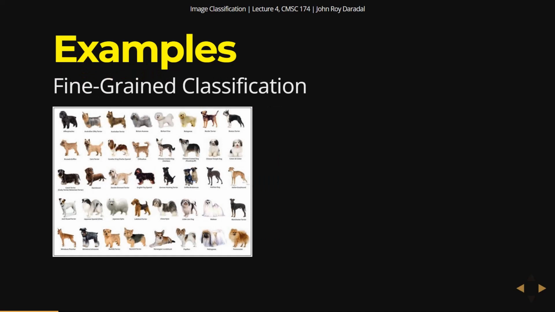It could also be fine-grained classification, like for example dog breed classification. They're all of the same type, they're all dogs, but then you try to classify them even further based on their breeds. That could also be one example of a classification problem.